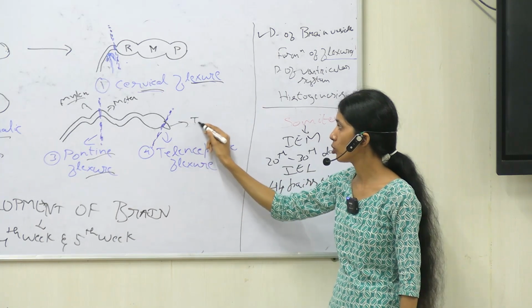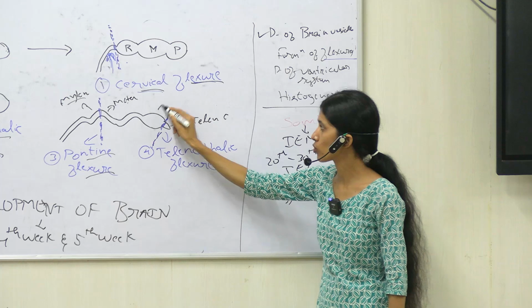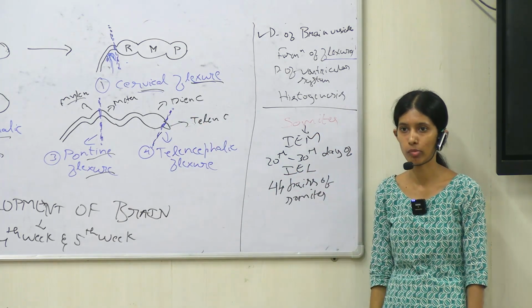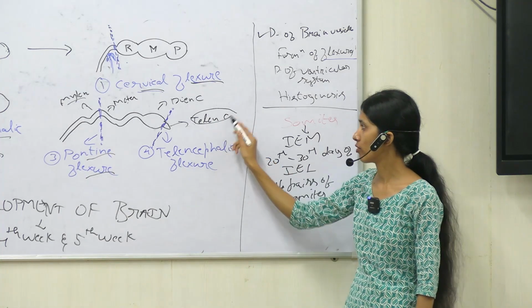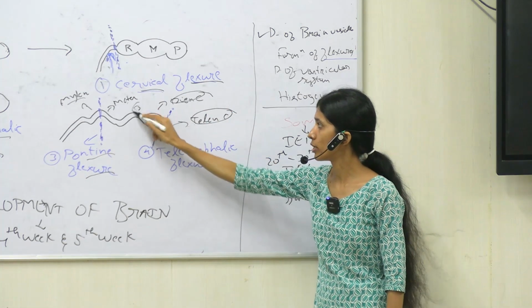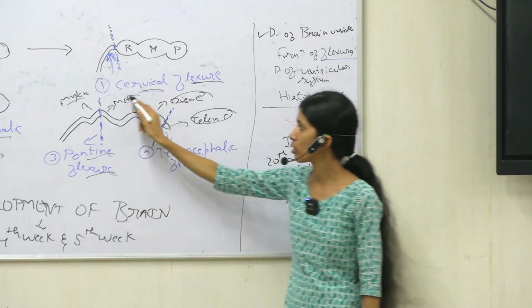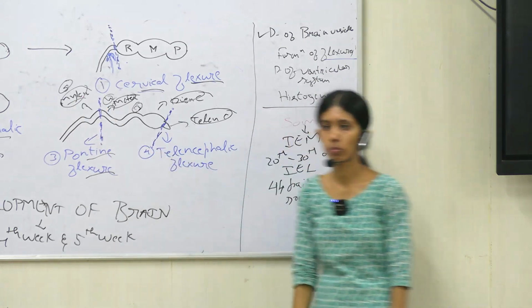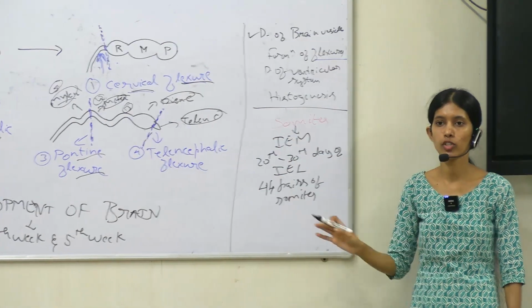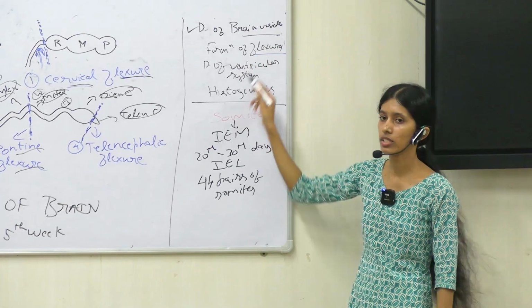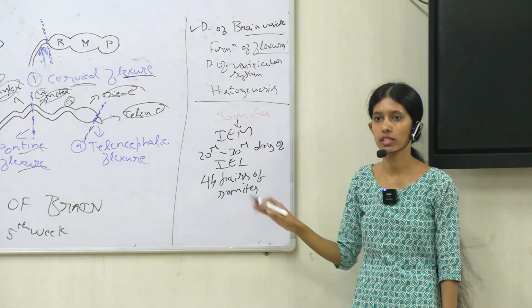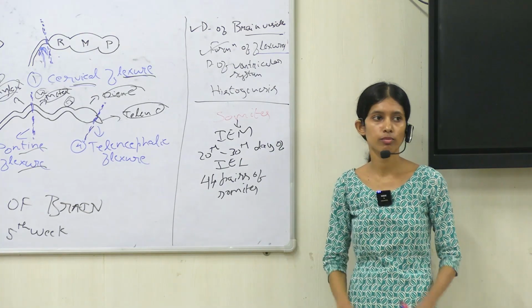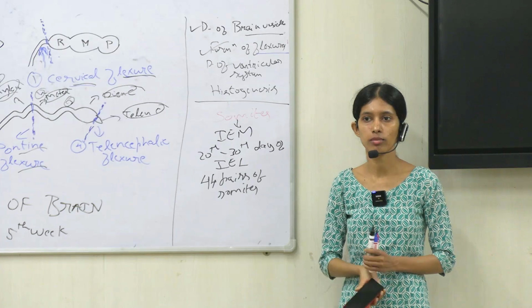So this will give rise to telencephalon and this will give rise to diencephalon brain vesicle part. So again we have 5 vesicles, 1, 2, and this will be the 3, that is mesencephalon, metencephalon and myelencephalon, 4th one and 5th one. This is how the formation of your brain vesicles and also flexure takes place at the same time. Any doubts in the flexures?